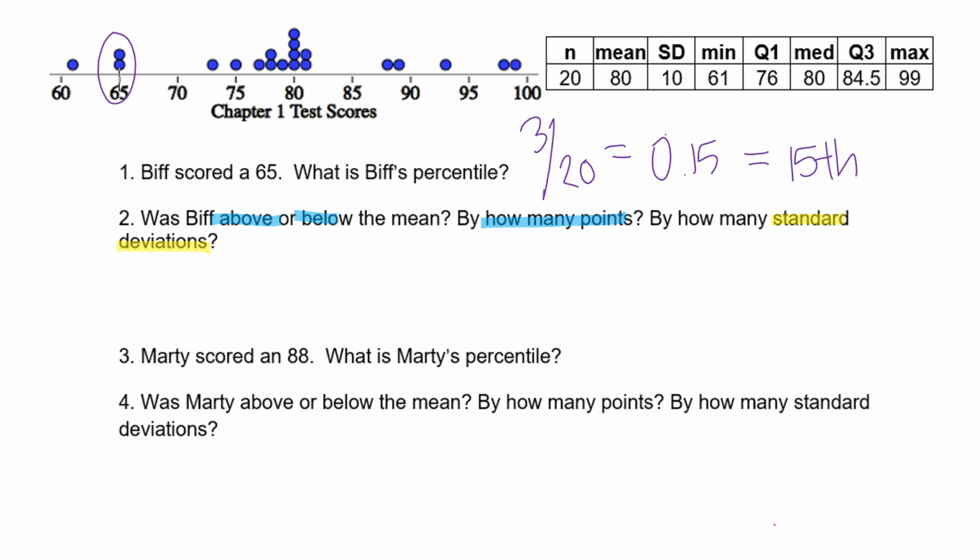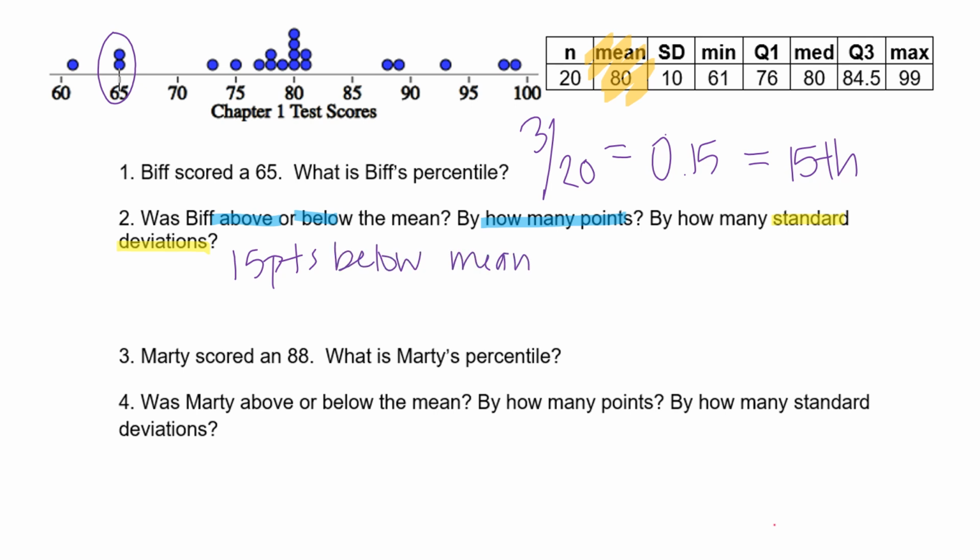If Biff scored a 65, the mean is given to you in the summary statistics, so you do not have to do any extra math. 80 minus 65 is 15, so hopefully you said something along the lines of Biff's score was 15 points below the mean.